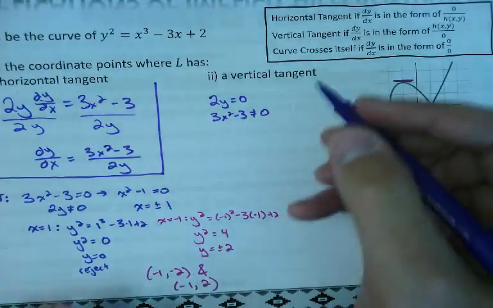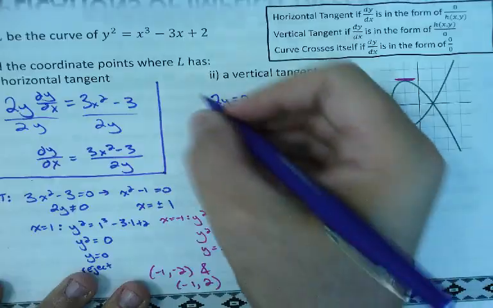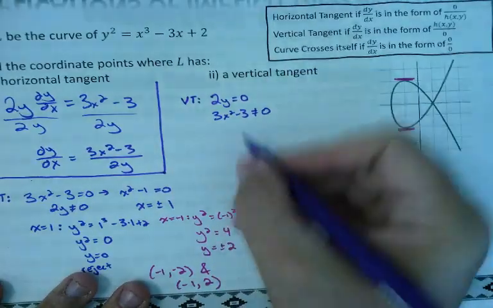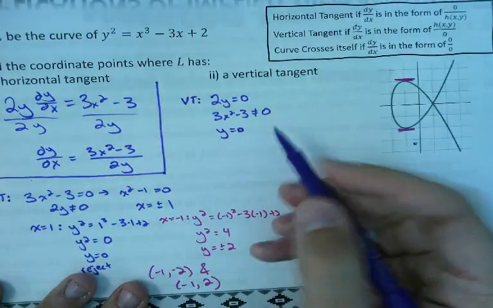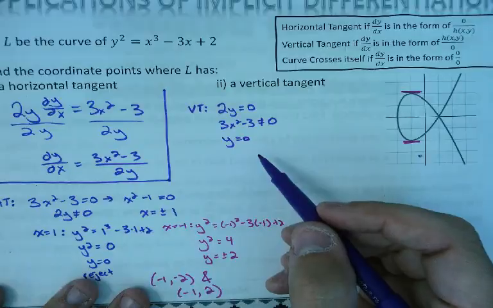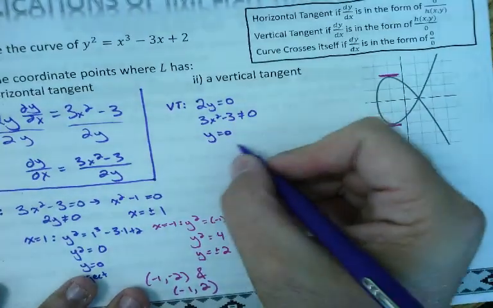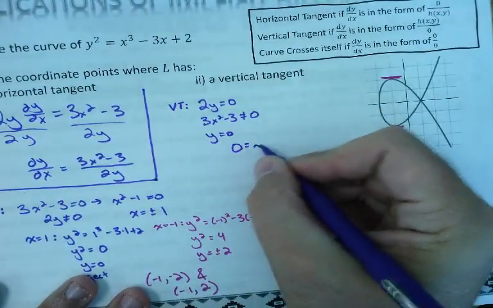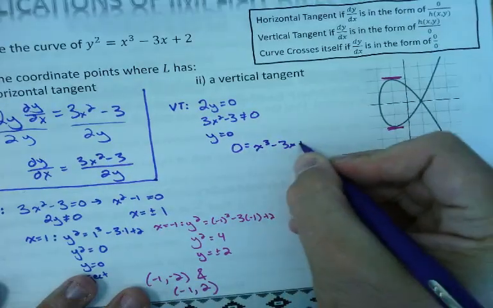This is for vertical tangent, by the way. So if y is equal to 0, what do I do to solve for this? Plug it back in. So I'm going to go 0 squared, which is just 0, equals x cubed minus 3x plus 2.